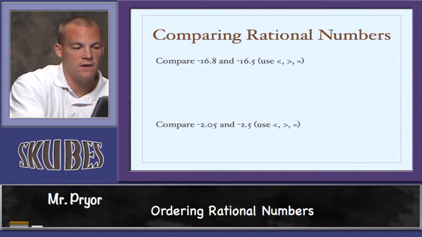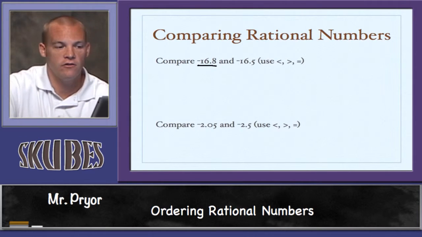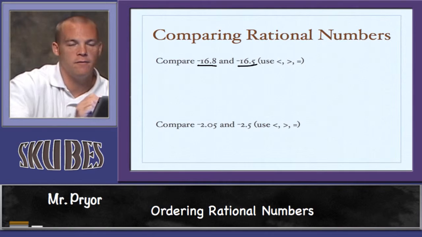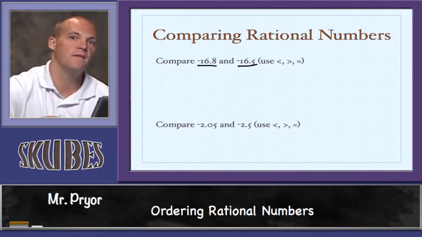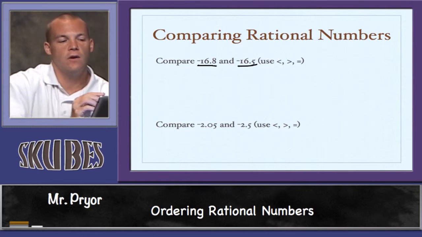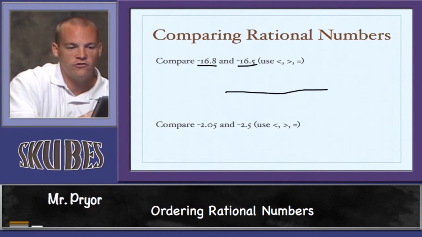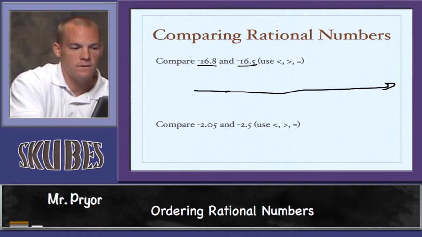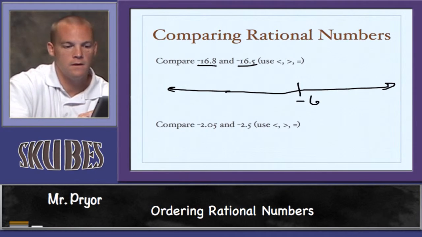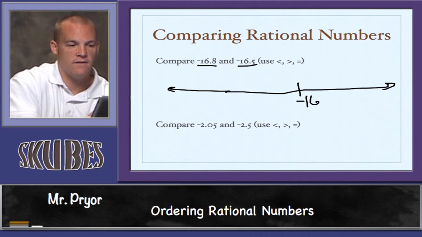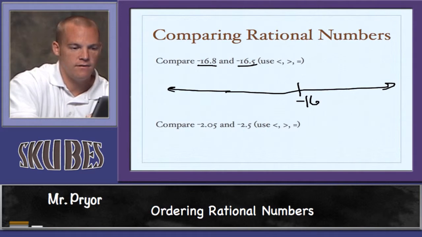So again, I realize that negative 16.8 looks larger than negative 16.5, but when you're thinking like that, you're thinking of positives. You have to think on the opposite end of the number line. Just to show you on a number line what this would look like, if you had negative 16 here, you would have negative 16.5 and then negative 16.8.